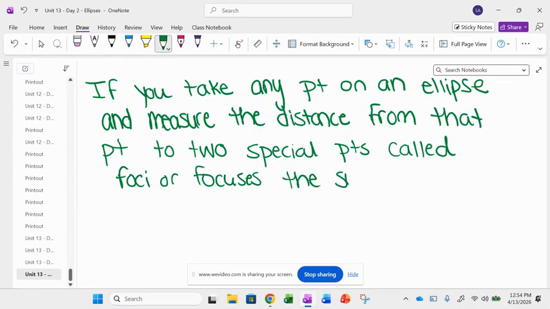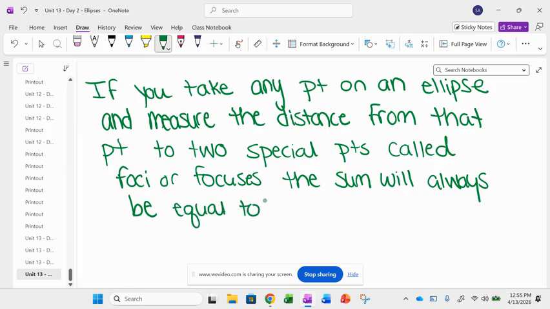The sum will always be equal to a constant of 2a.